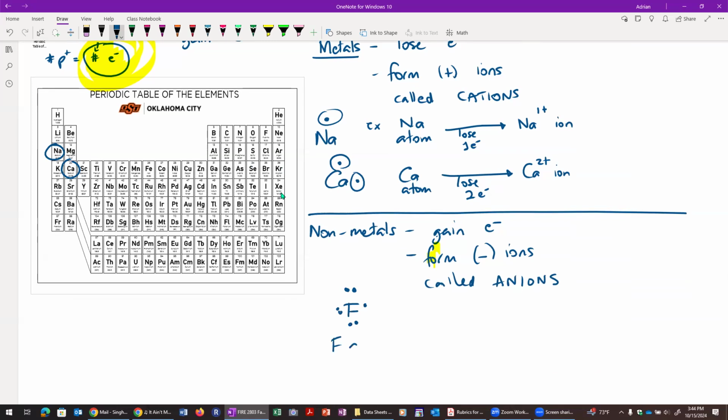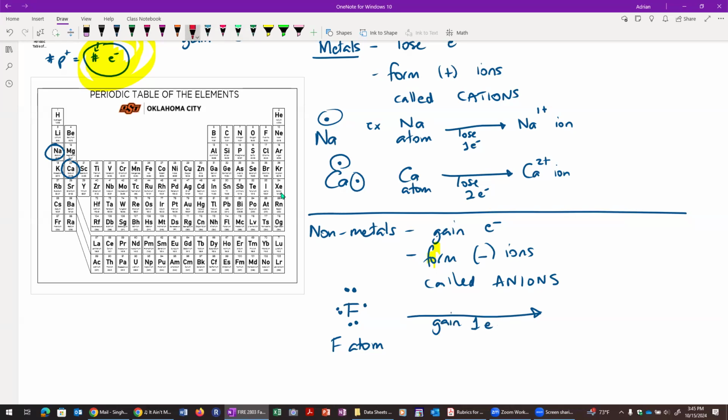And just generally, if you think about what fluorine would prefer to do, do you think it prefers to lose all these 7? Or in order for it to be content or stable, it would actually only need 1 more electron to complete its octet. So fluorine actually wants to gain 1 electron.